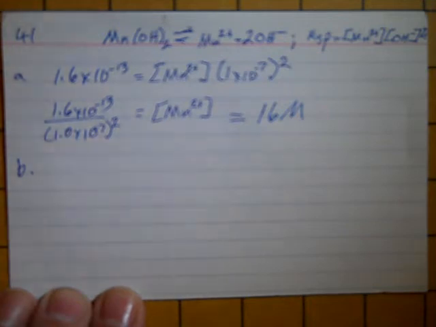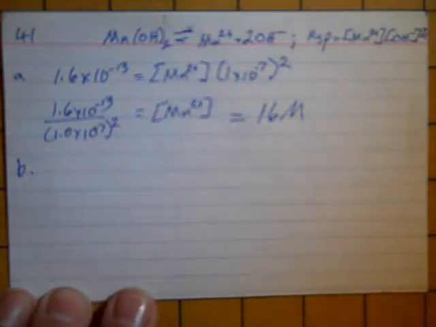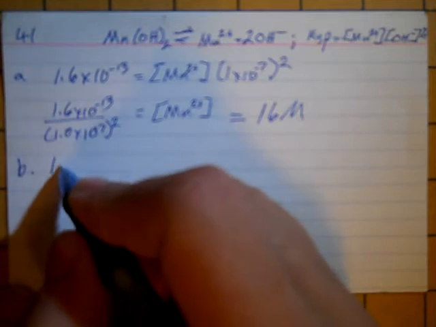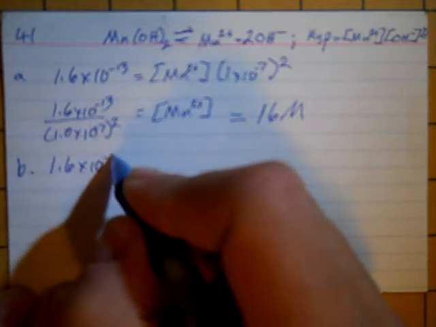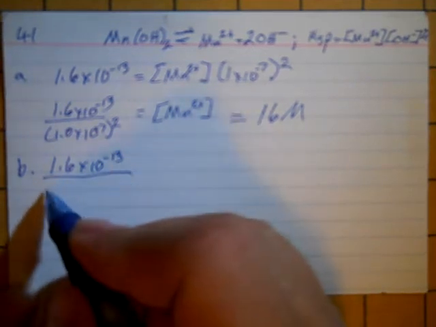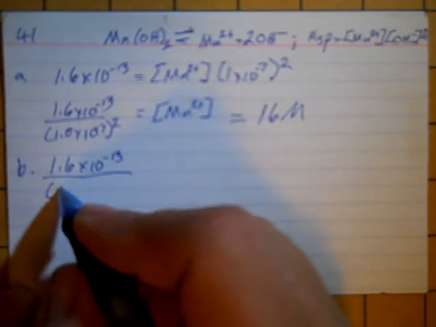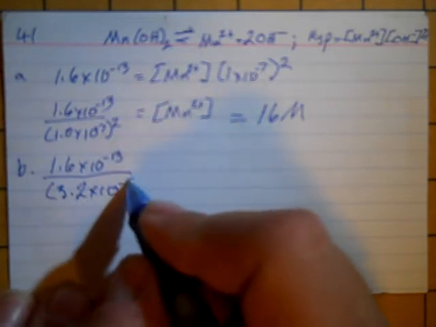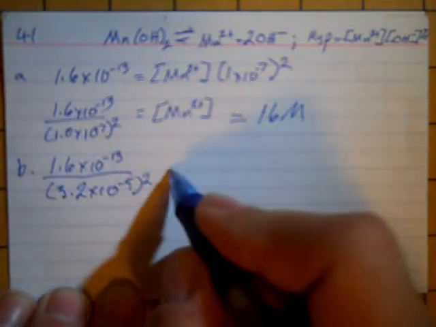For B, it's the exact same approach, but now we have a different number for our concentration of hydroxide. This time it's 3.2 times 10 to the minus 5. So it's still going to be 1.6 times 10 to the minus 13. It's still going to be divided by the concentration of the hydroxide, but now 3.2 times 10 to the minus 5 squared.